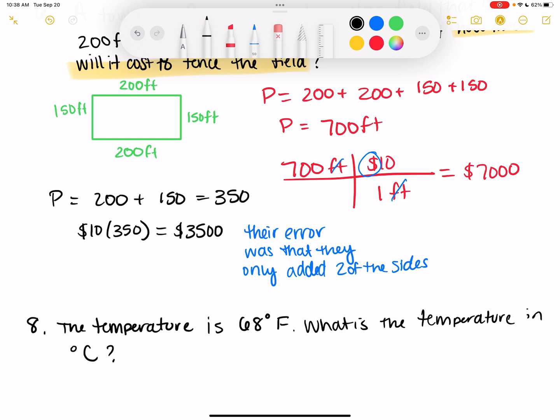So if I'm given something in degrees Fahrenheit and I need it in degrees Celsius, which formula that we used, out of the ones I gave you, would you use to solve that? Yep. So what is that formula?